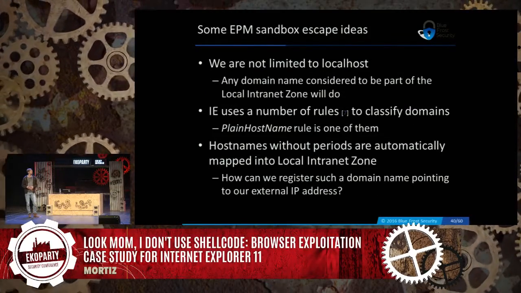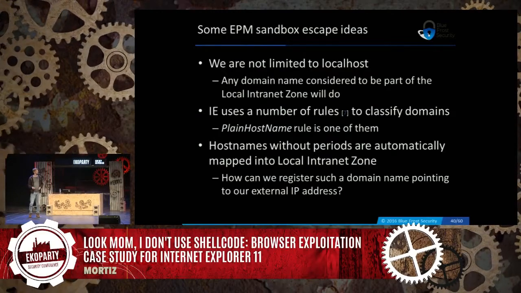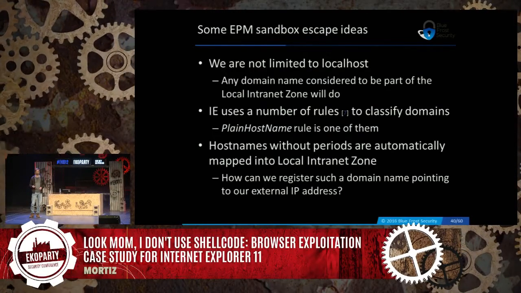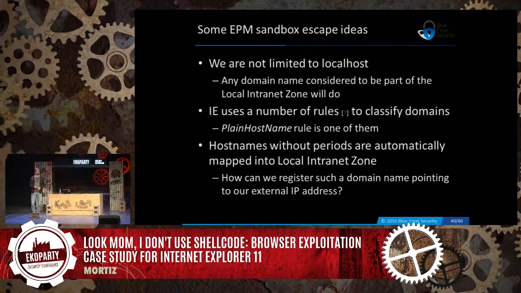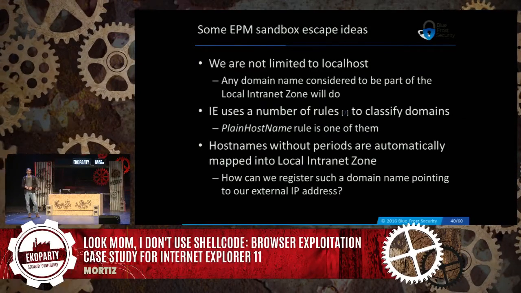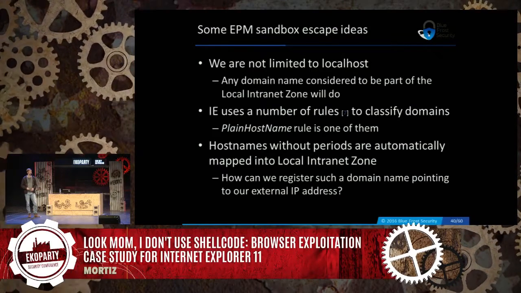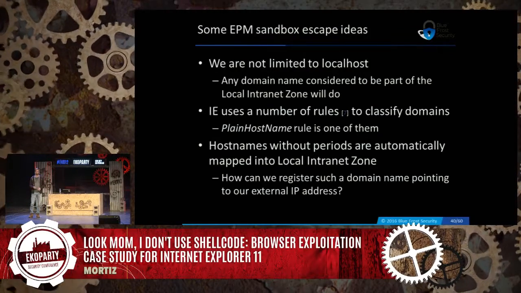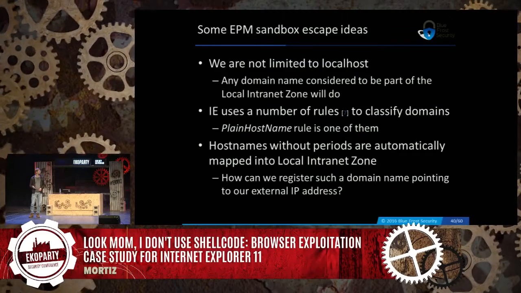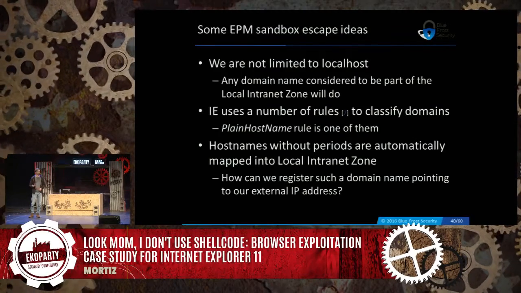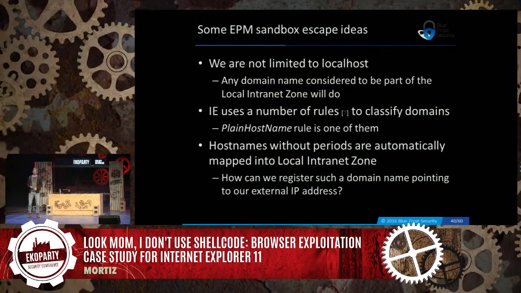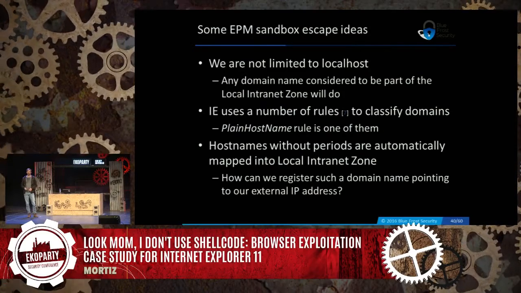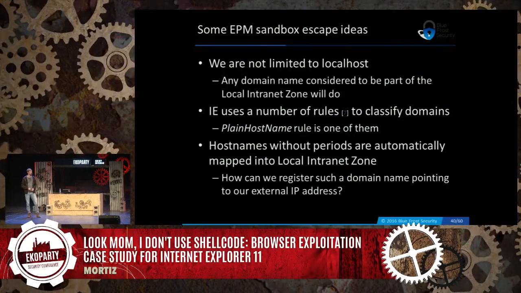So if we step back for a second and think about it, we are not really limited to localhost, right? All we want is any domain name which is somehow considered to be part of the local intranet zone, and that should be enough if we can deliver our exploit using this hostname. So we were reading up on how IE decides if a site is part of the local intranet zone, and it turns out there are several rules.